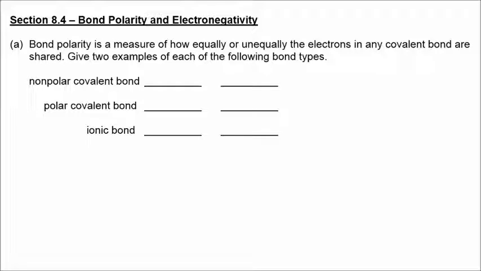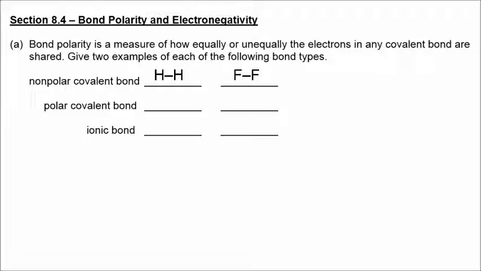Now we're into section 8.4, bond polarity and electronegativity. They want you to give examples of the different types of bonds. A nonpolar covalent bond should be between two nonmetals that are the same, because that way there is no difference in electronegativity between the atoms. So the electrons are shared equally.